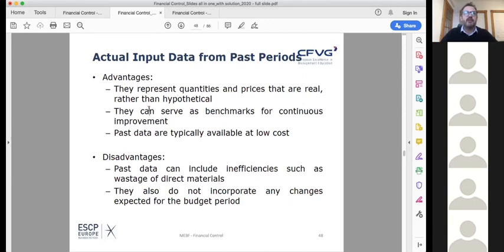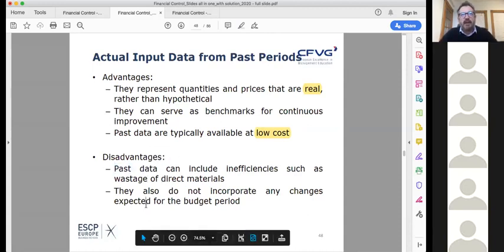Actually, input data from past periods. The advantage is that it's real information, because it happened in the past. So it's not hypothetical. And globally, this is information you can obtain easily because you have it in your company. The cons, the disadvantages, is that maybe past data do not reflect any change in the future.